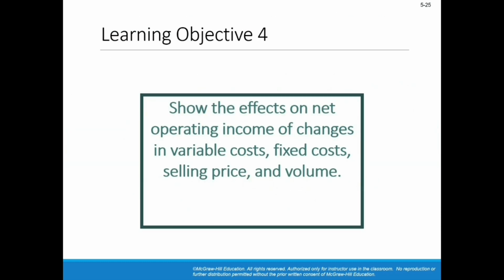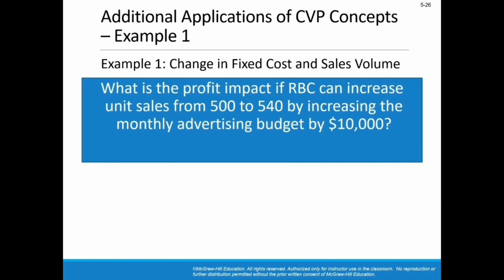So show the effects on net operating income of changes in variable cost, fixed cost, selling price, and volume. In this example, we're being asked what is the profit impact if RBC can increase unit sales from 500 to 540 bikes. We can solve this in a couple of methods. We know that at Q equals 500 units, my net operating income is equal to $20,000, and I know this from prior stats.